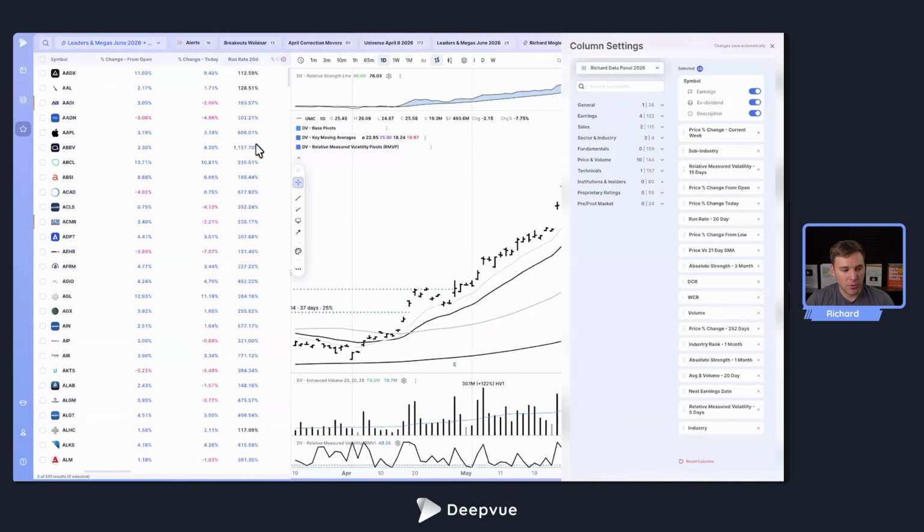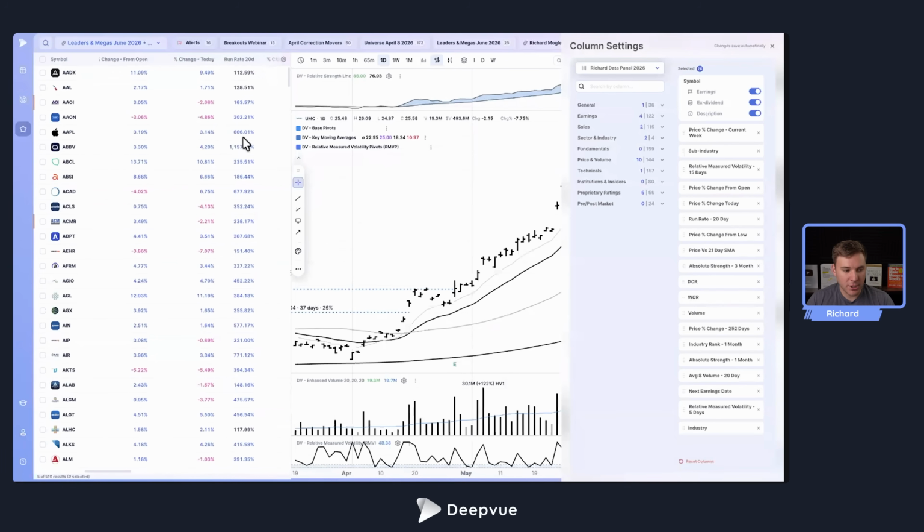So we've got both run rate, which expresses it as a percentage, and the relative volume, RV 20 day. It's the same data point, just one is like a factor. So if volume is running twice as fast as normal, relative volume will be 2.5, whatever. This would be 200%, 250% or whatever. So it's the same way of expressing the same data point. I just like percentage better.